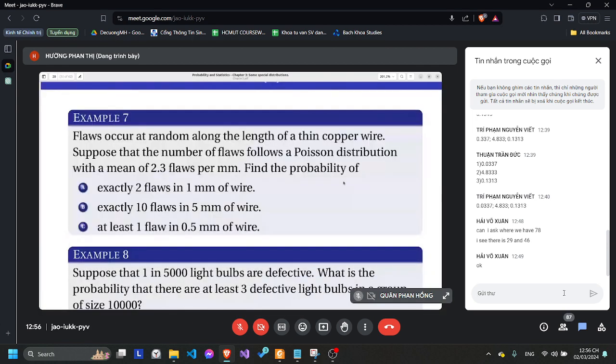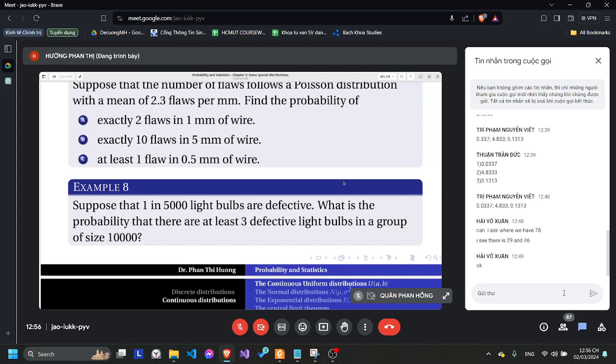Example 8. Suppose that 1 in 5,000 light bulbs are defective. What is the probability that there are at least 3 defective light bulbs in a group of size 10,000?